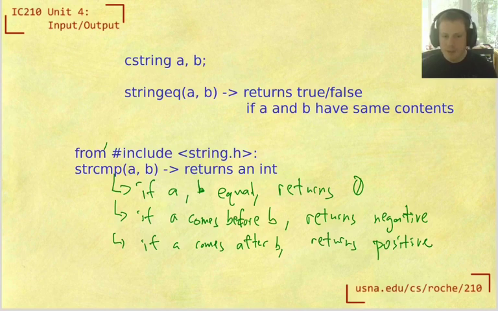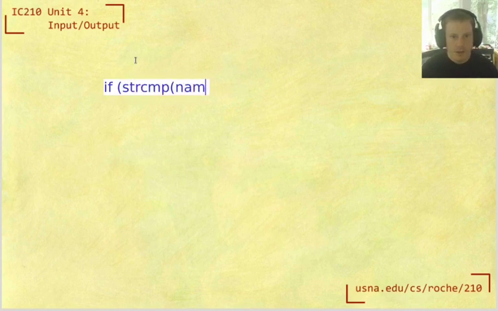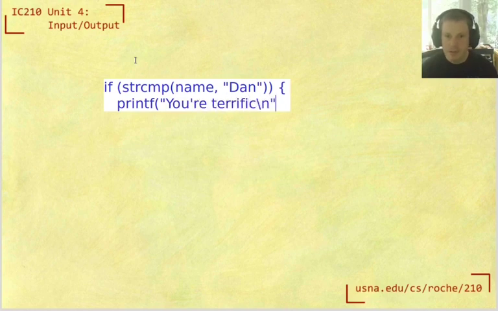Okay, so strcmp is a little bit strange because it has these three cases. A lot of times we use it just for equality comparison. So if you want to check whether two strings are equal, previously you might have said something like, if string_eq name Dan, then printf you're terrific, because people named Dan are terrific.